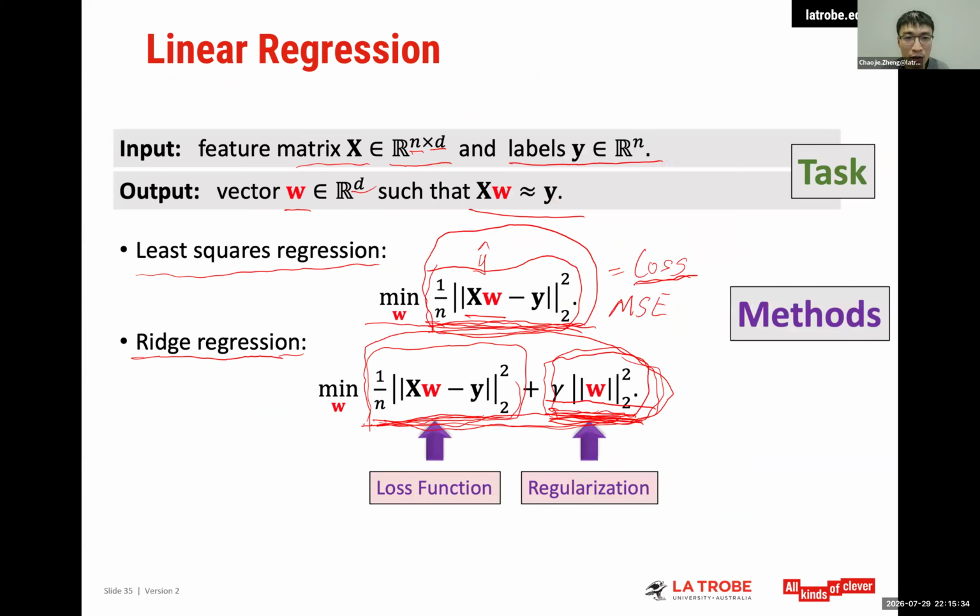For ridge regression, it is using the L2 norm regularization. And the benefit is it can limit the weight value and send the weight value towards 0 so that the model can have lower complexity.